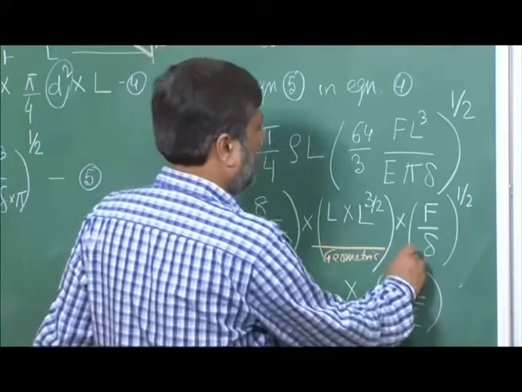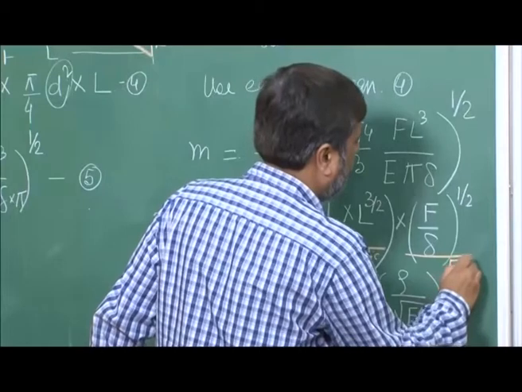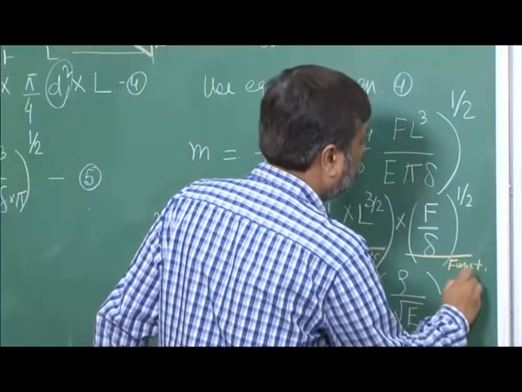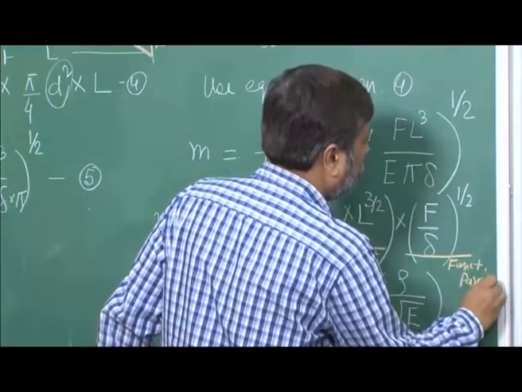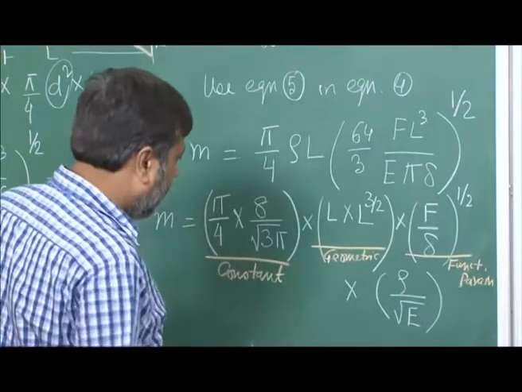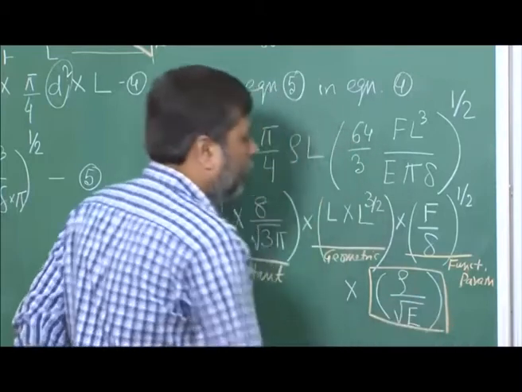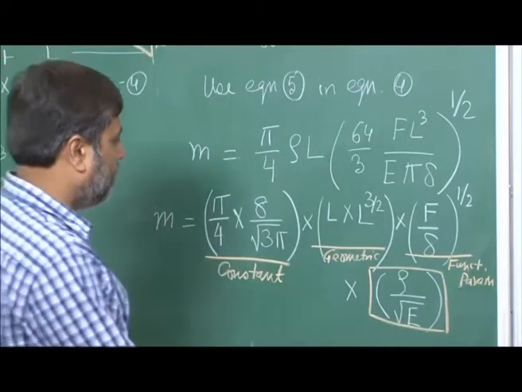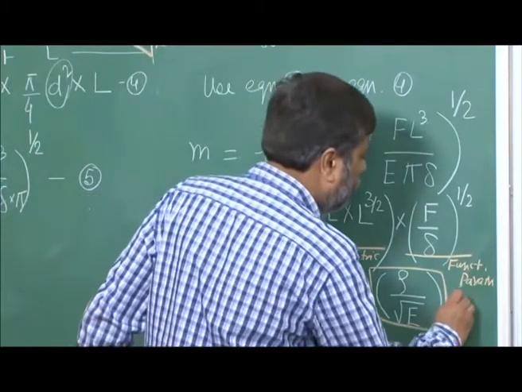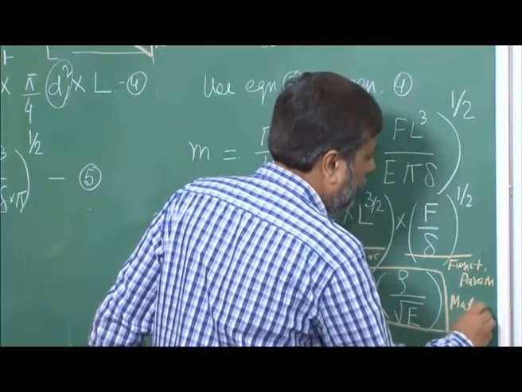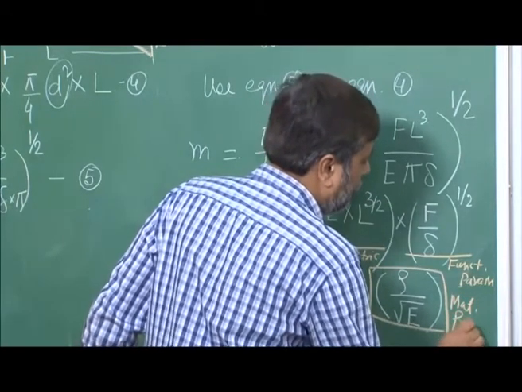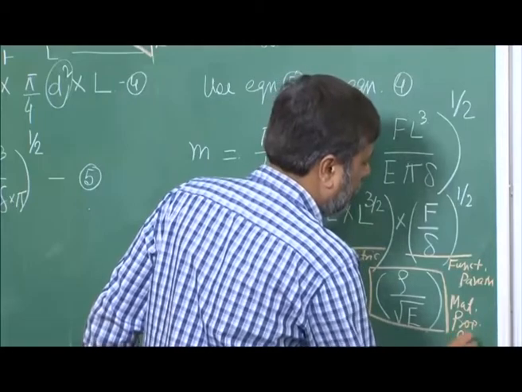The third part is the functional parameters. Whereas the last part, our focus for this course, we call the material property index, because that is the material property related parameter.